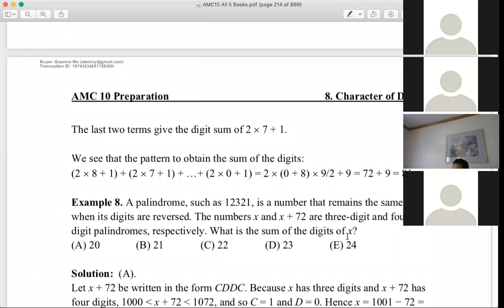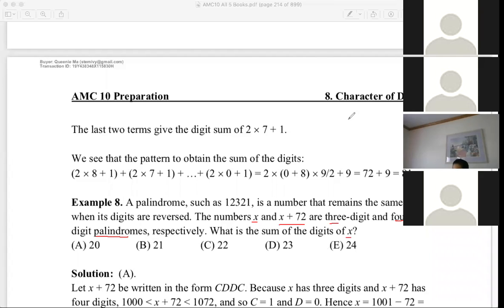One number is x, another number is 72. And x is a 3-digit number. And x plus 72 is a 4-digit number. And both of these numbers are palindromes. Then they ask you what is the sum of the digits of x.